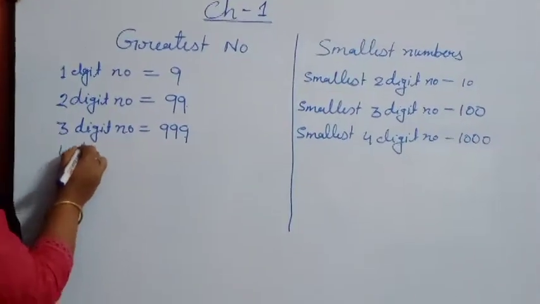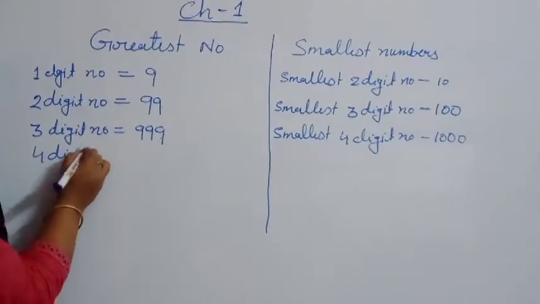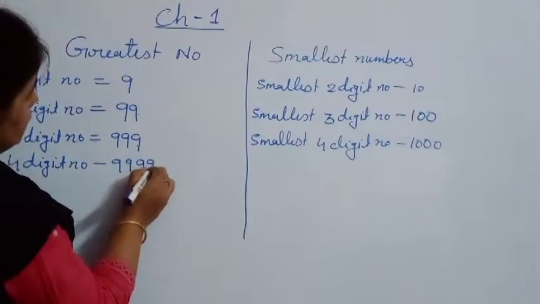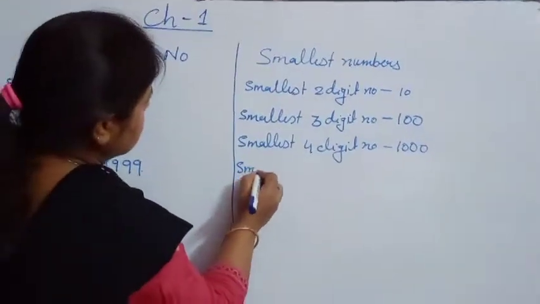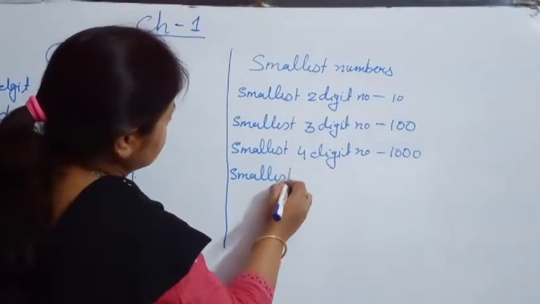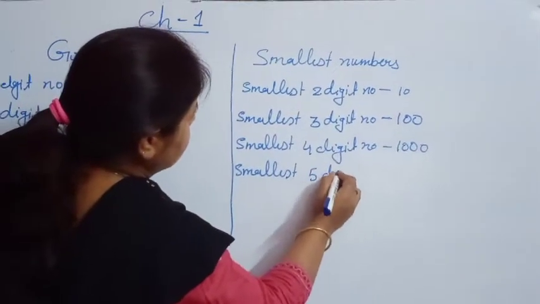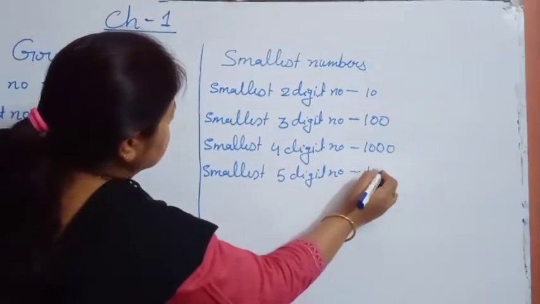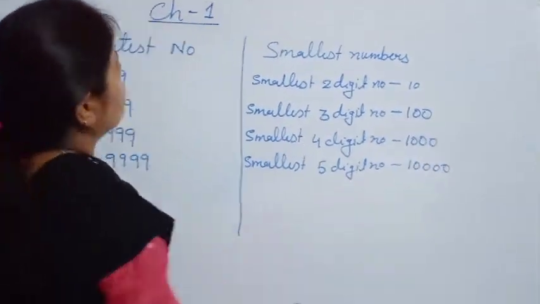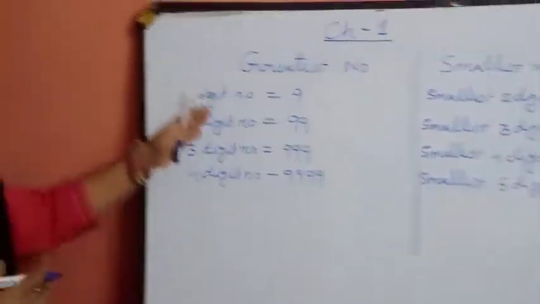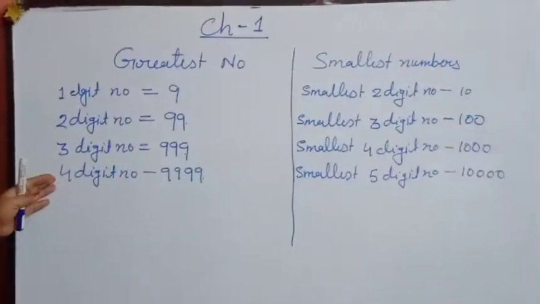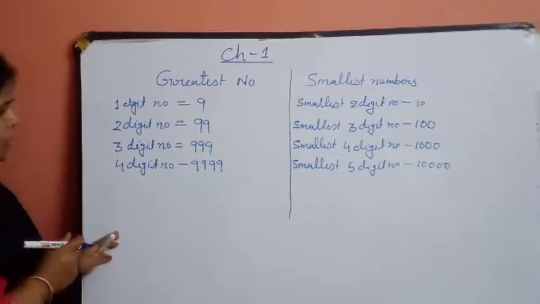Greatest four-digit number, that is 9999. And smallest five-digit number, that is 10000. You will make this table in your copy and you will write at least till 8.